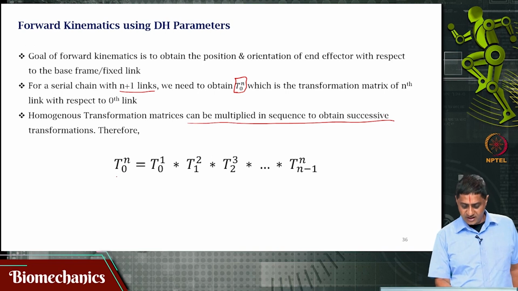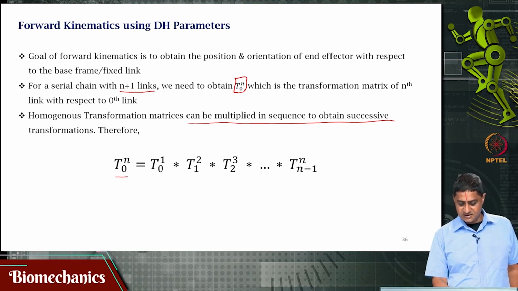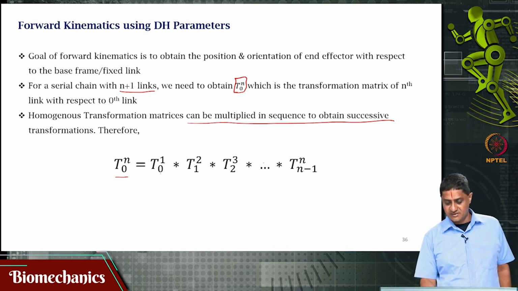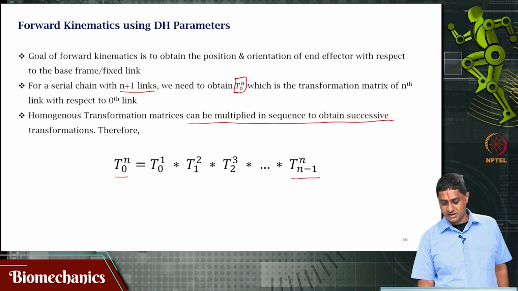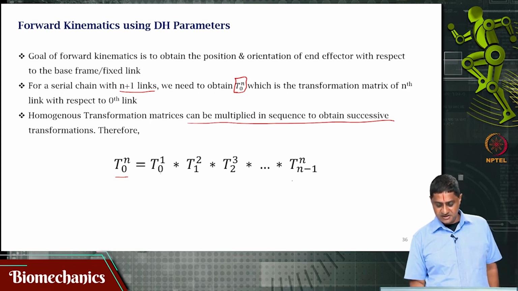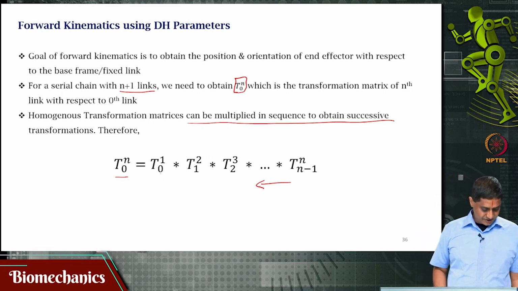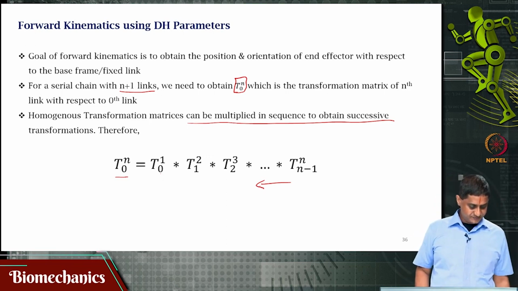Therefore you will have T0n as T01 times T12 times T23 times etc., Tn minus 1 to n. Remember, the multiplication is done in this direction, right.